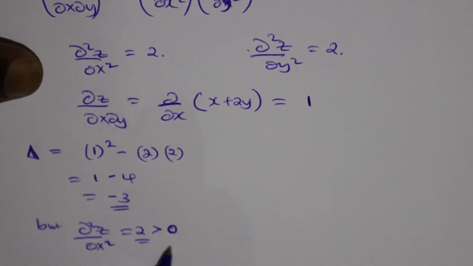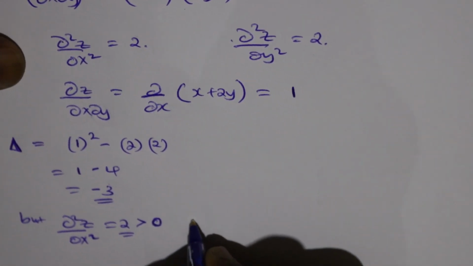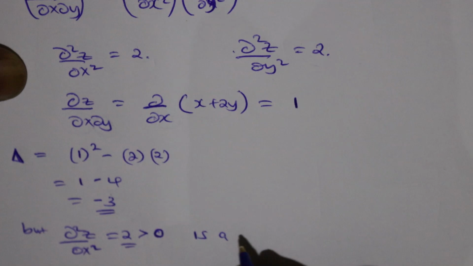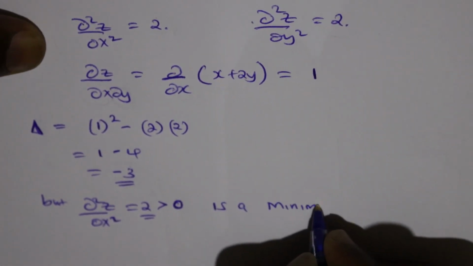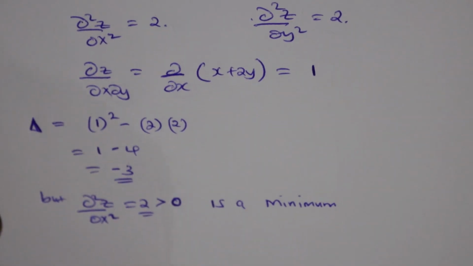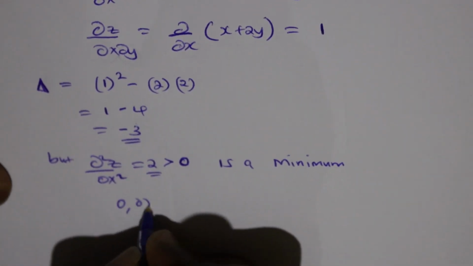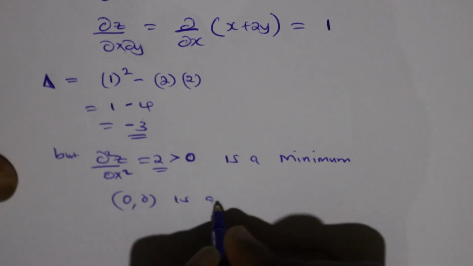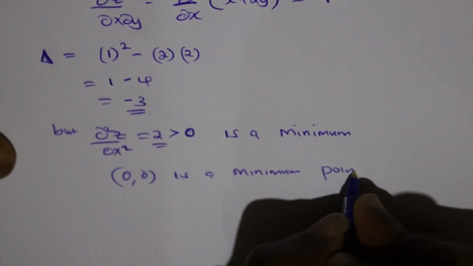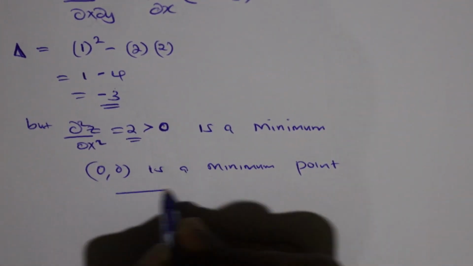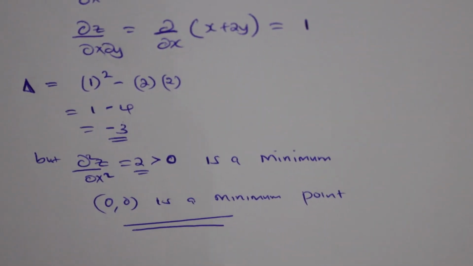And if it is greater than 0, then it becomes a minimum. So therefore your point (0, 0) is a minimum point. So therefore, this is your solution. This one gets you 8 marks.